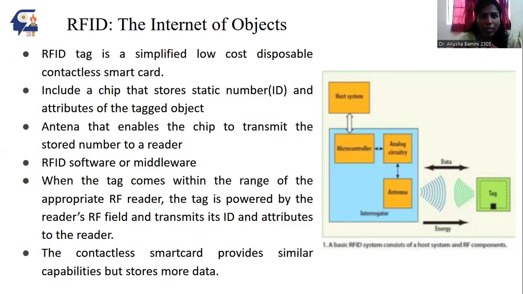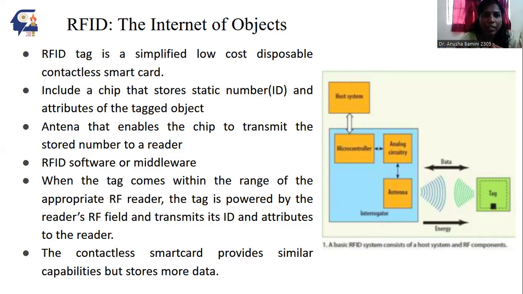Okay, so the RFID is a low cost disposable contactless smart card. We can say it is a smart card which includes a small chip, which stores a static number like an ID number. All of you have a register number for unique identification purposes.